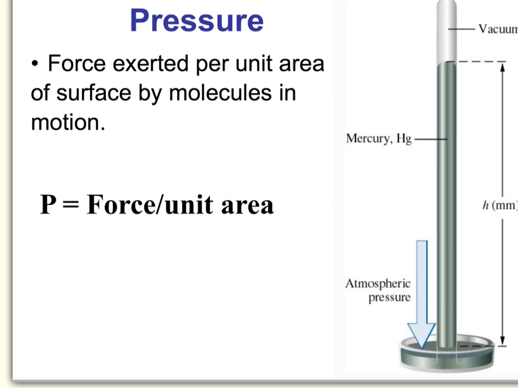Recall that pressure is the force per unit area of surface by molecules in motion. So we can represent this as P equals force per unit area. So we have an example here of the atmospheric pressure exerting pressure on a bin full of mercury.